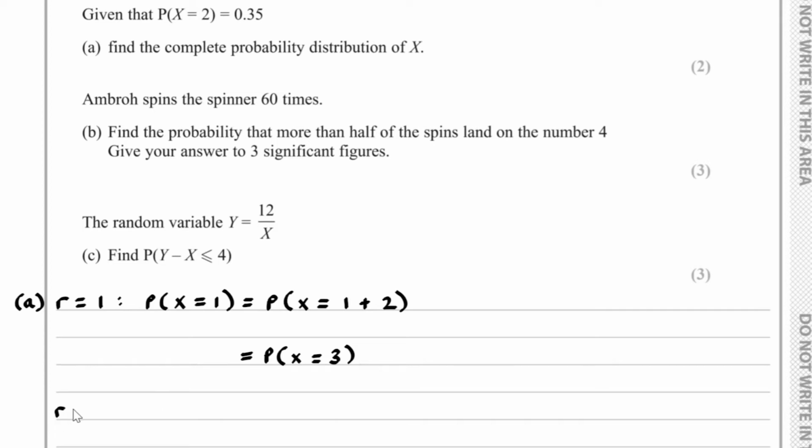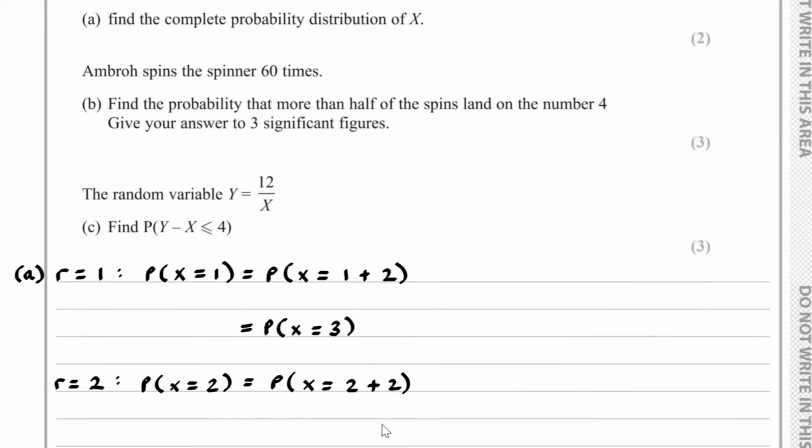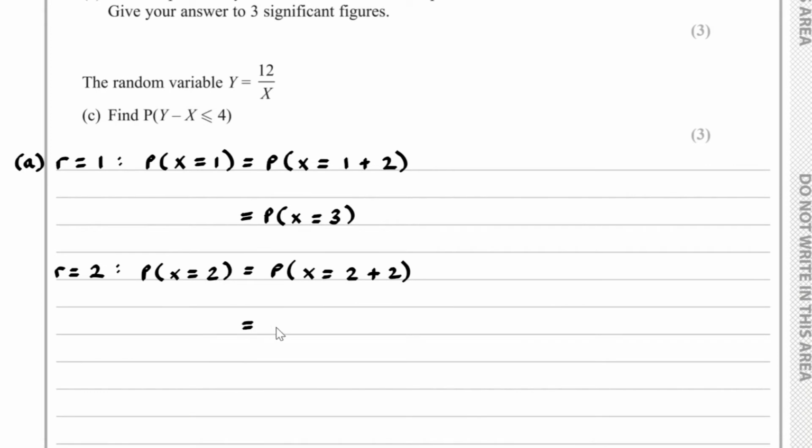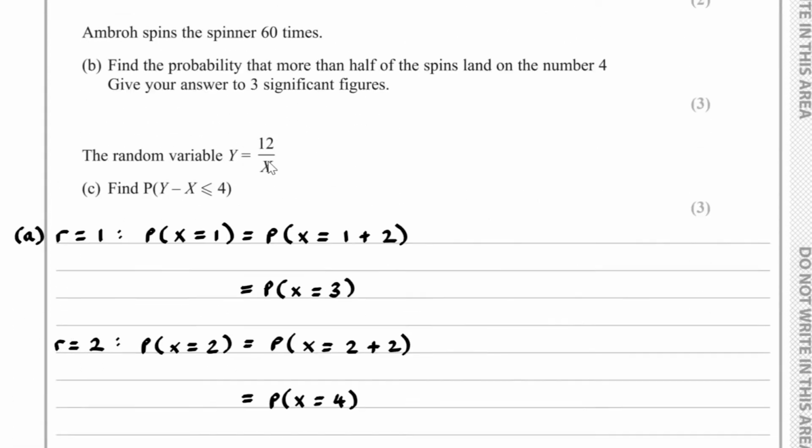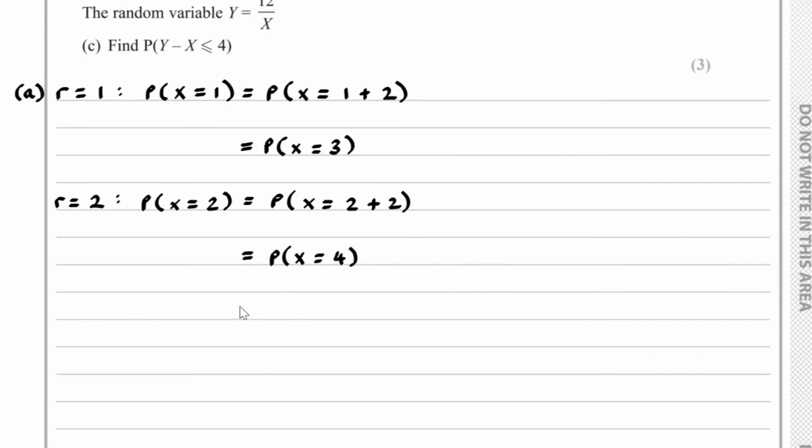And for r equaling 2, the probability that X equals 2 is equal to the probability that X equals 2 plus 2, so that's equal to the probability that X equals 4. And if we go back to the question, we know that the probability that X equals 2 is 0.35. So here we have 0.35.